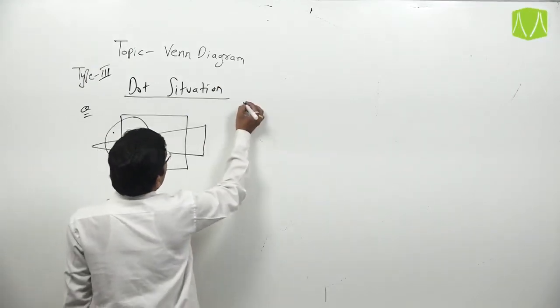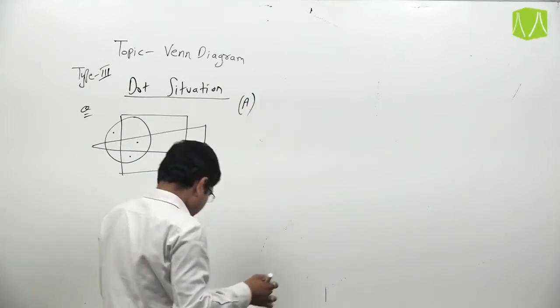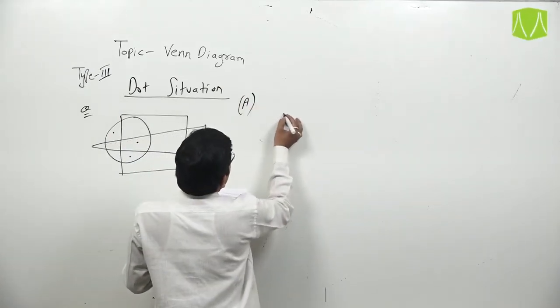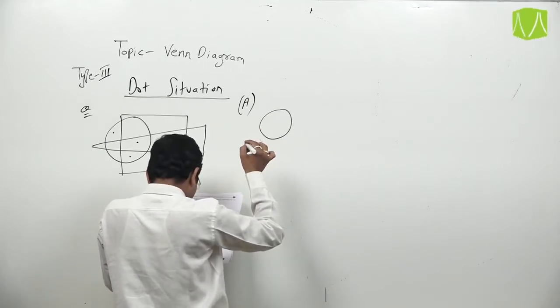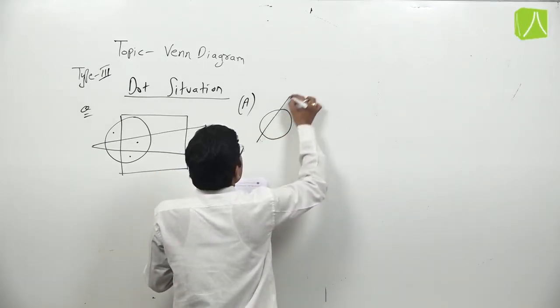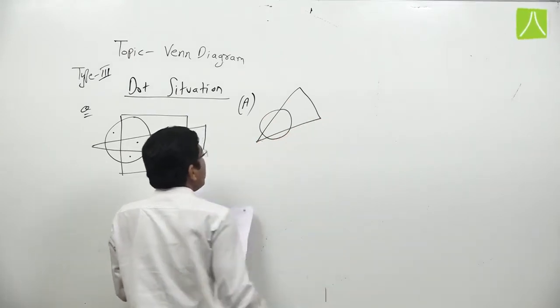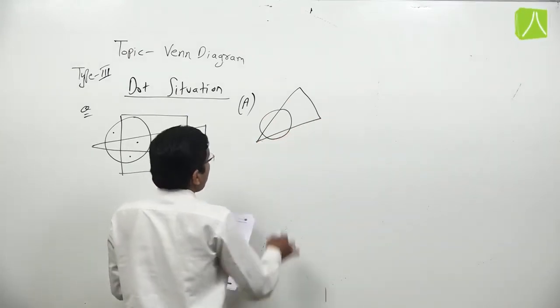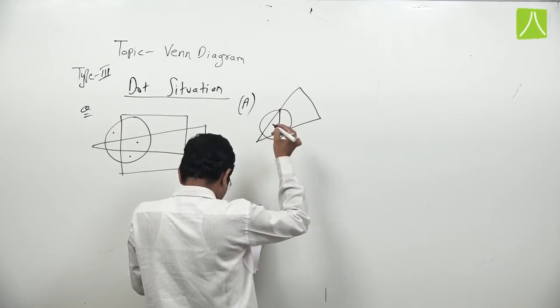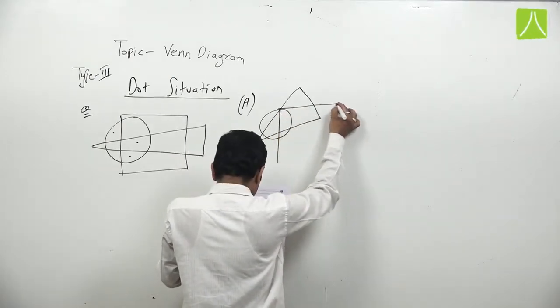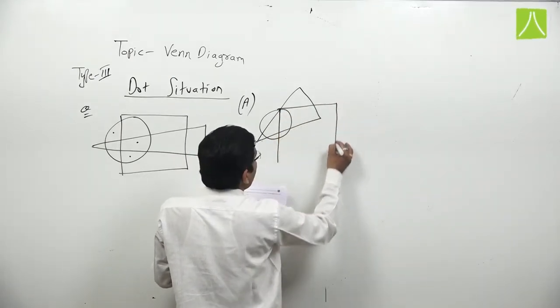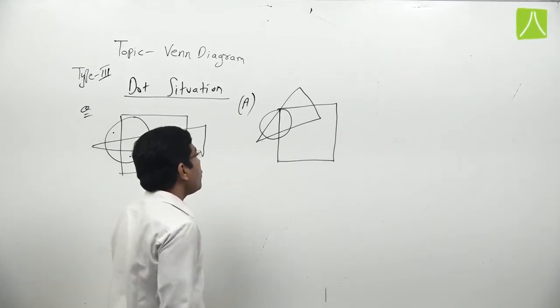Now our A option is like this: this is our circle, it is our triangle, and it is our square. It is our first option.